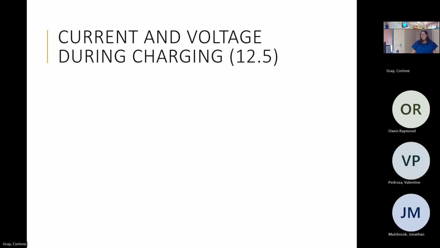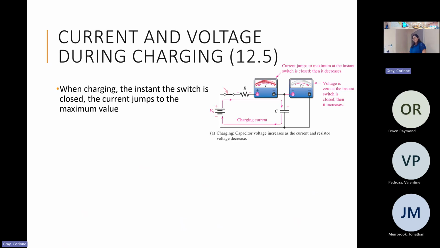All right. So again, we are going to look at charging current and voltage. We're going to focus on it right now during charging. So when we're charging, we are going to have our parallel plate capacitor attached to our voltage source.